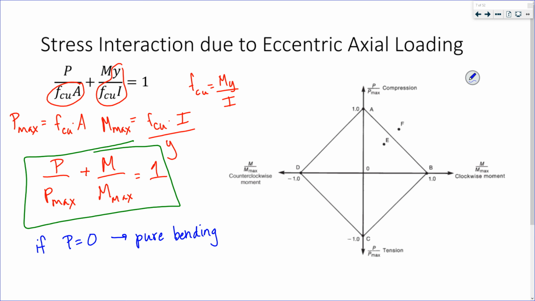I guess I should have talked about this. This is an interaction diagram where we have moment along the x-axis and axial load, compression or tension, along the y-axis.